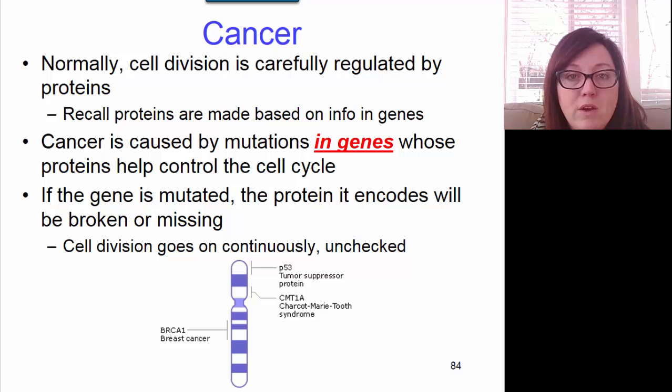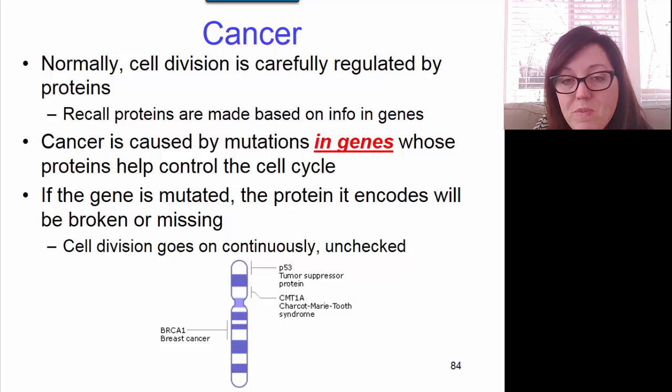Okay? Now don't forget, proteins are made based on the information found in genes. Right? Anyway, so cancer is caused by mutations in genes whose proteins help to control the cell cycle. Right? So the way I usually think of it is like this. We have these little police officer proteins that run around in our cell and make sure that cell division is happening properly.